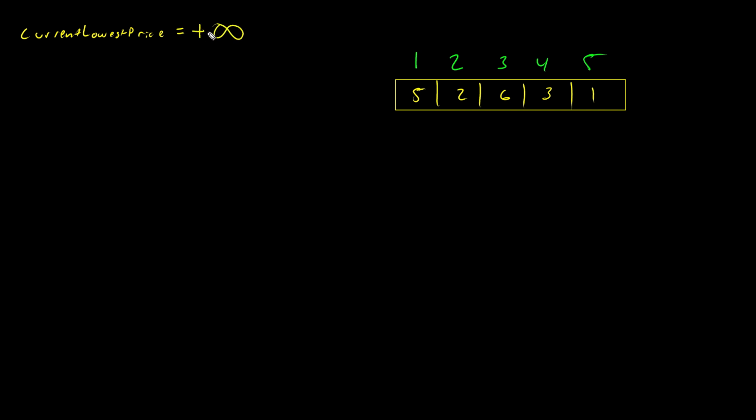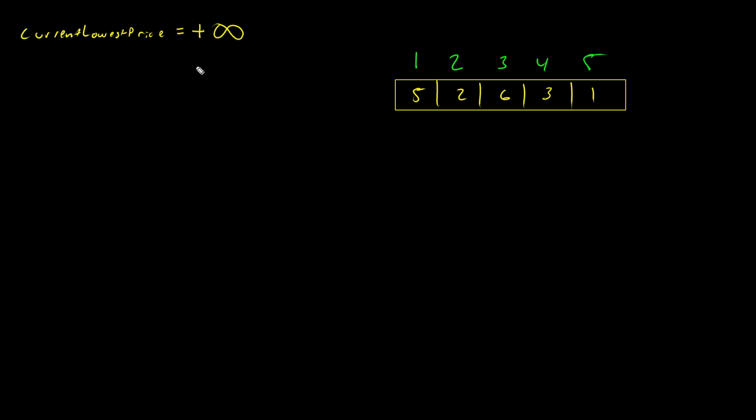So at this point, I haven't seen a low price, so I'm going to set this to the maximum possible so that when we do run into a price, we'll go ahead and update that, right? Because any number that we run into down here in our array will be lower than positive infinity. So right now, I'm just going to set it to the maximum possible.